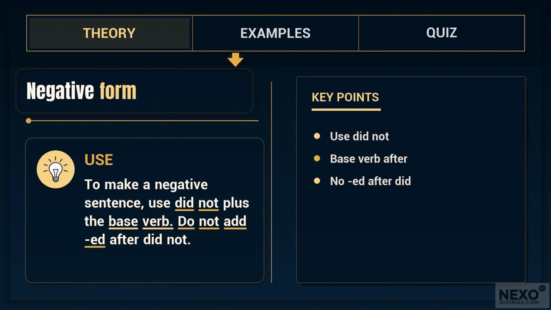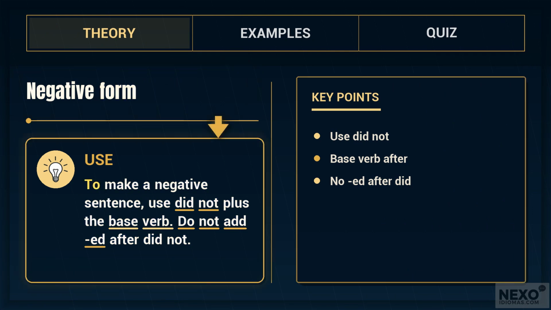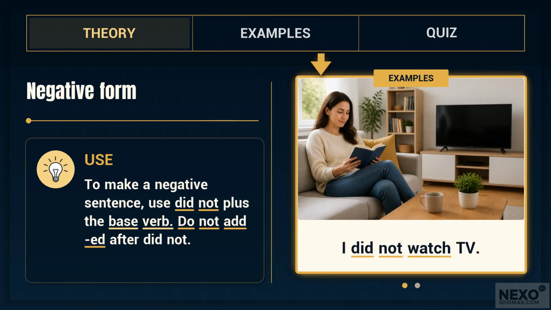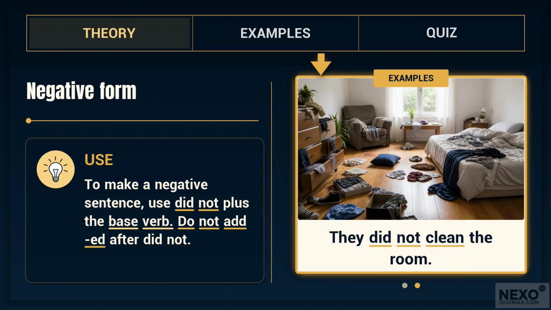Negative form. To make a negative sentence, use did not plus the base verb. Do not add ed after did not. Example, I did not watch TV. Example, they did not clean the room.